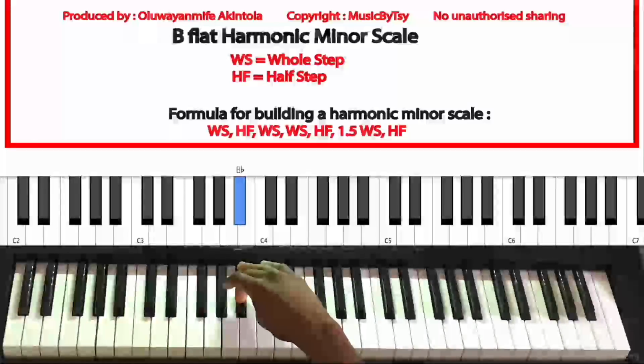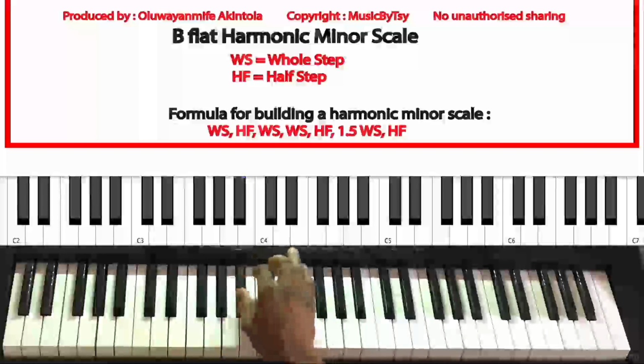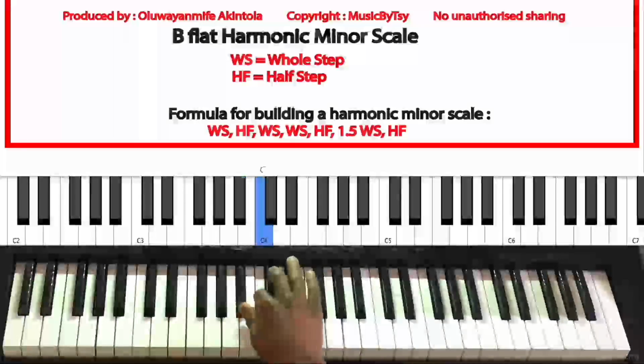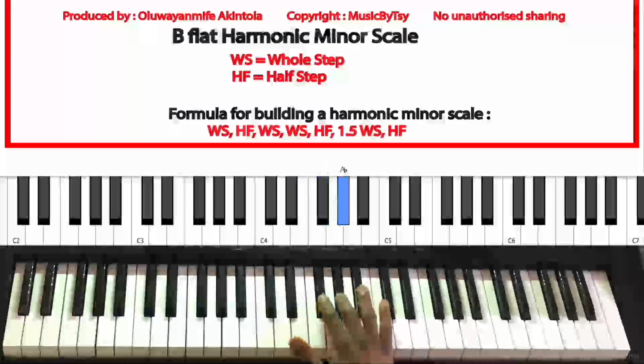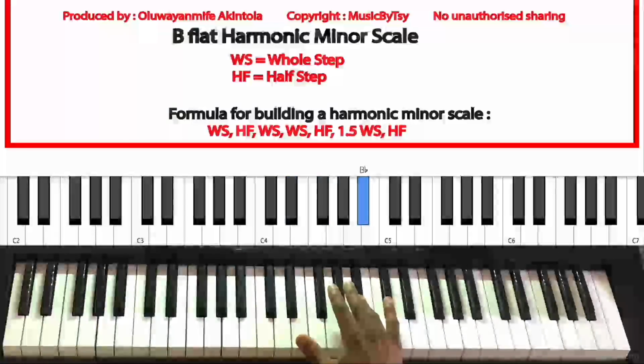So first of all, we're going to use the first method. Just to remind you, the B flat natural minor scale looks like this. See that? That is the B flat natural minor scale.